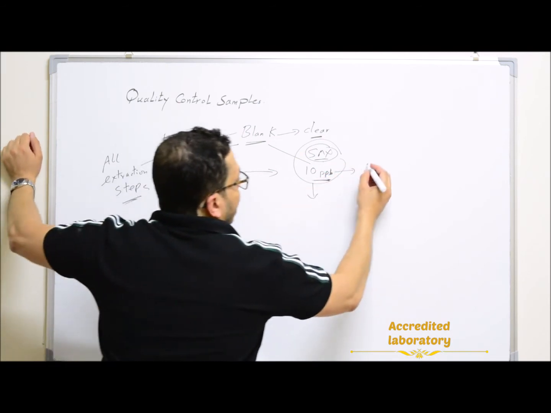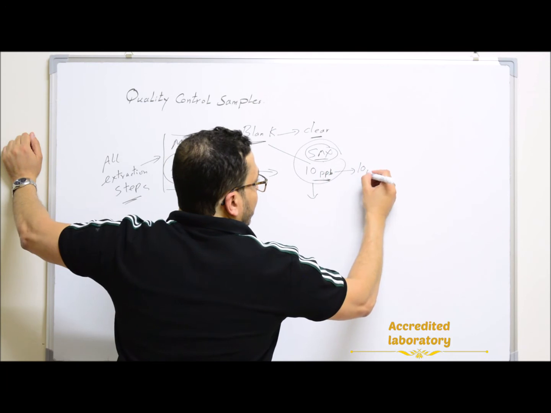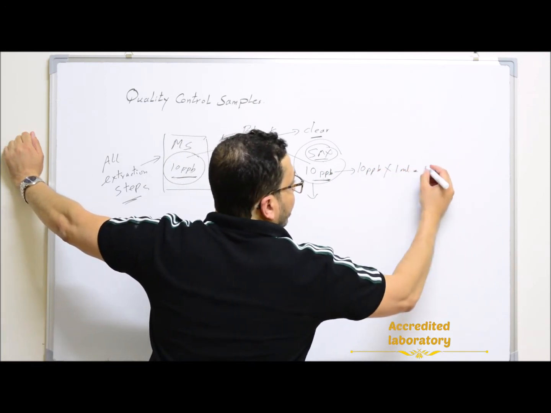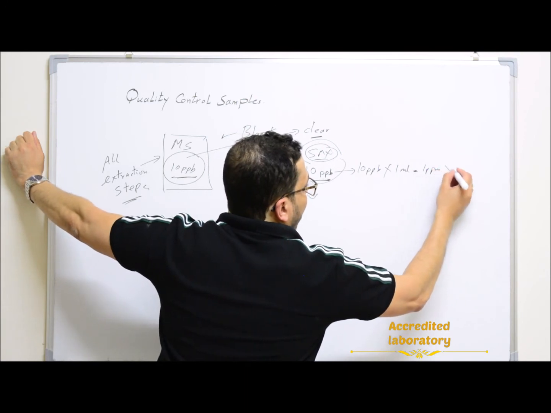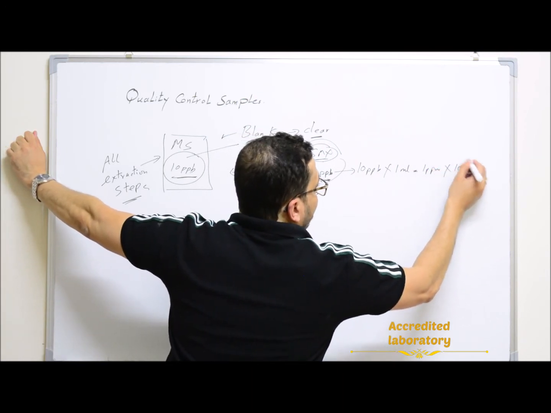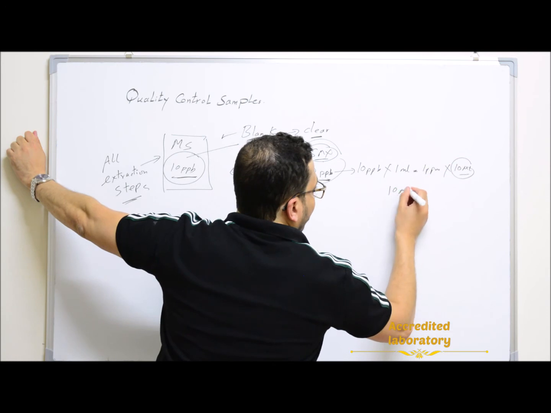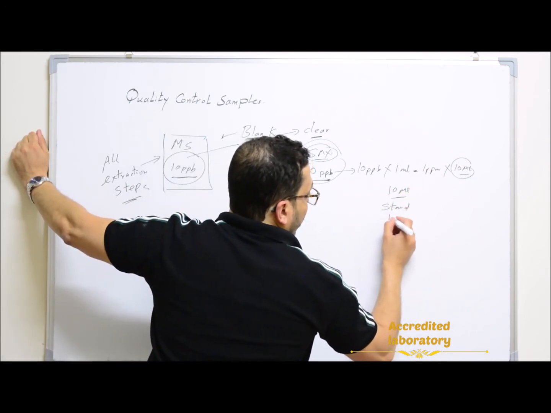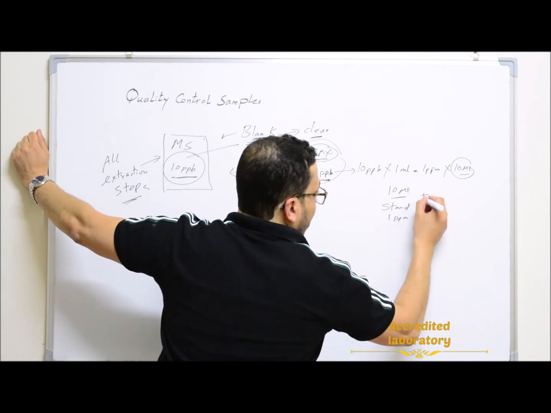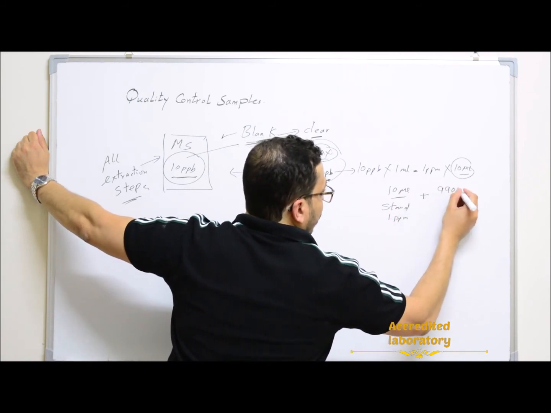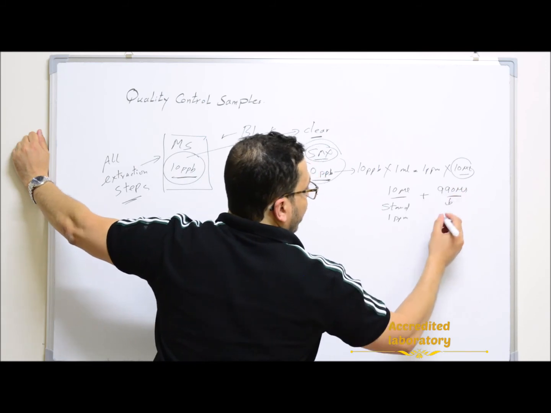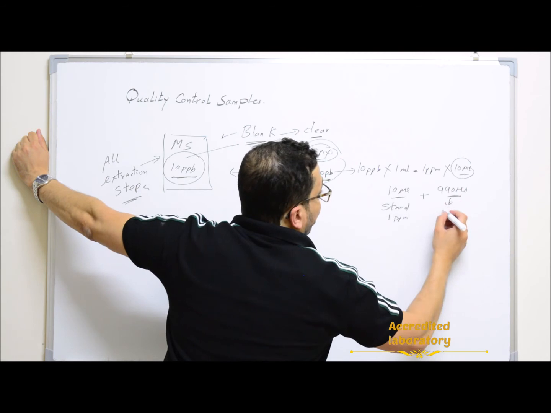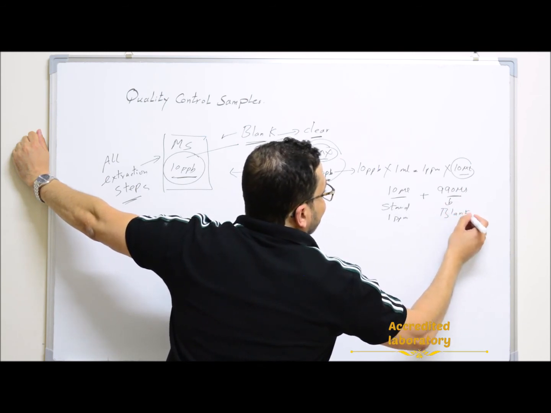So in a 1 ml HPLC vial, 10 ppb multiplied by 1 ml, from 1 ppm you need to add 10 microliter of your standard, plus 990 microliter to complete to 1 ml in the HPLC vial from your blank extracted sample.